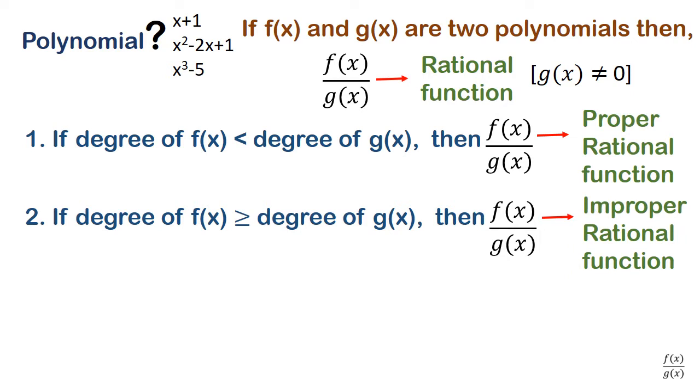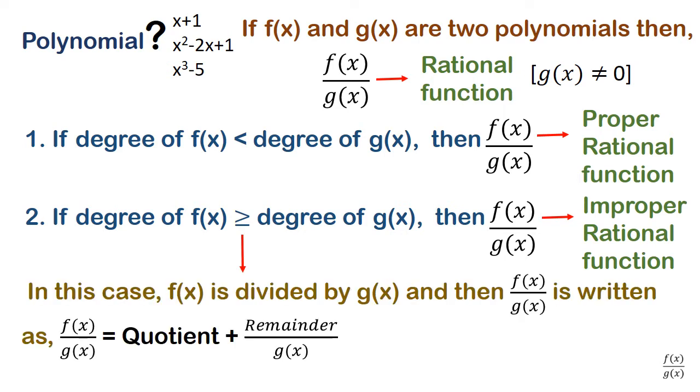Now, when we get an improper rational function, what we do is divide the numerator f(x) by the denominator g(x), and then f(x) upon g(x) is written as quotient plus remainder upon g(x). f(x) upon g(x) is equal to whatever answer we get during the division plus the remainder upon g(x).